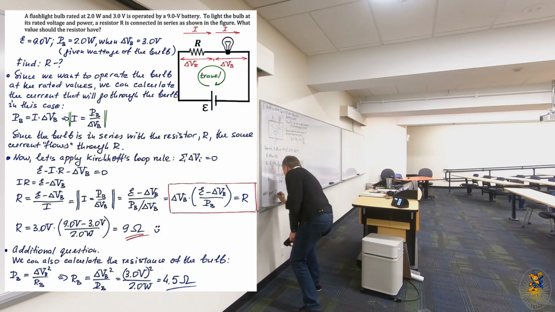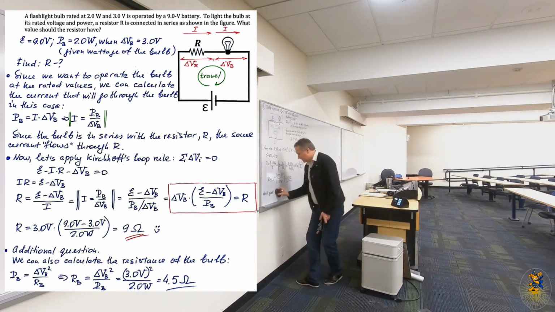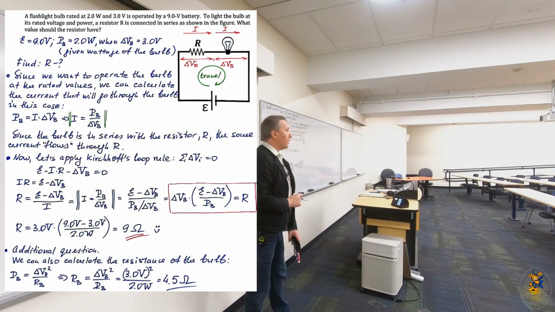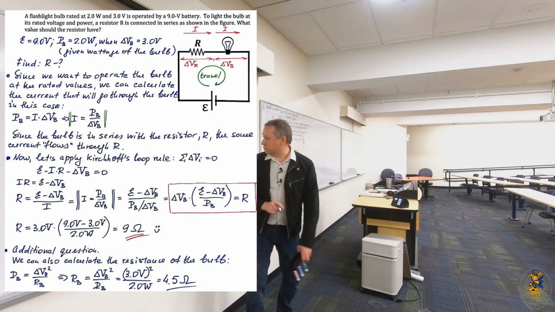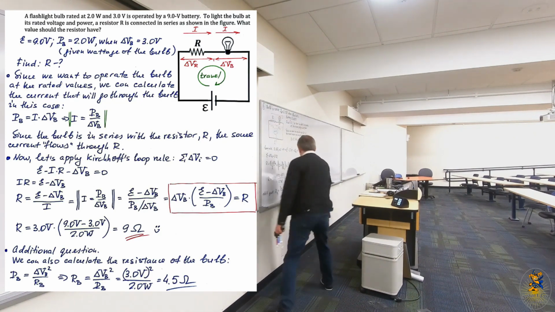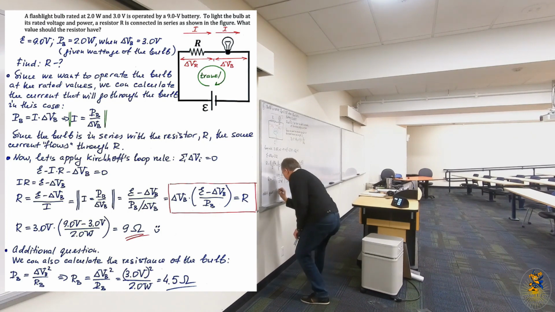So resistance. Let me erase this. So resistance of the bulb will be equal to the power of the bulb divided by... Wait, not the power. Delta V. You know what? Let me write first the formula for the power.